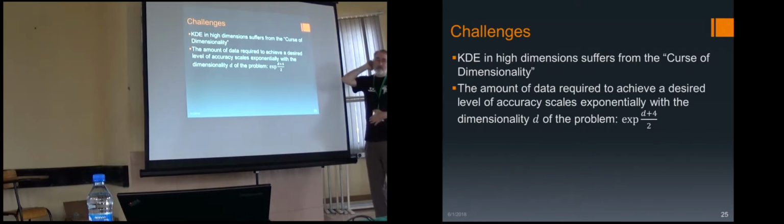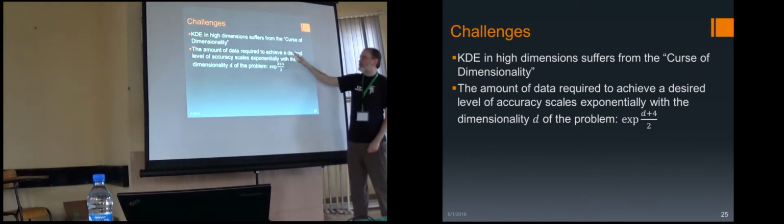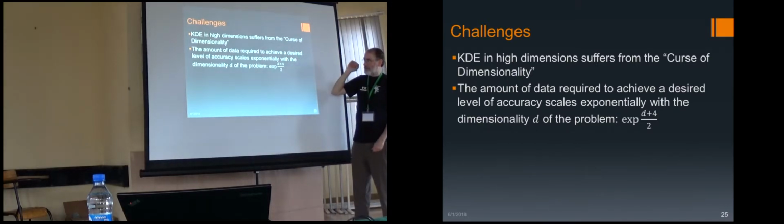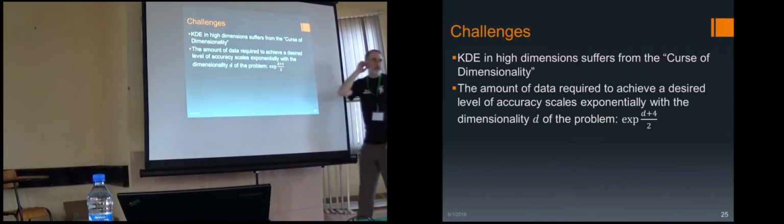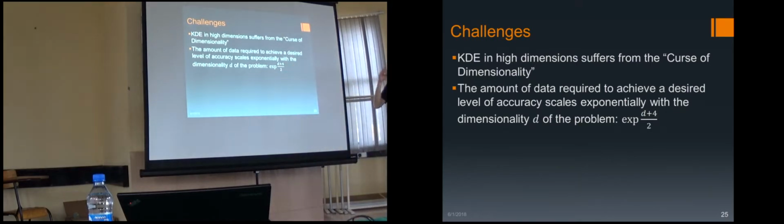In high dimensions, it suffers from what's often called the curse of dimensionality, which is to say that the amount of data that you need to achieve a desired level of accuracy grows exponentially with the dimension. So it grows as e to the power (d+4)/2, or basically e to the d/2. We would need exponentially more data as the dimensionality goes up.